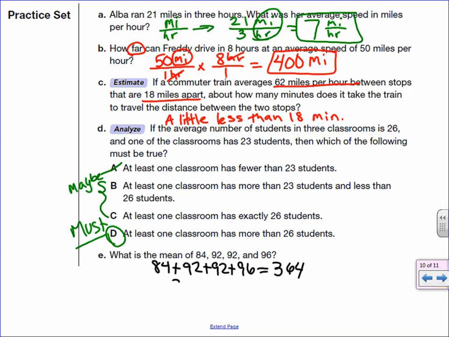And then you take that number and divide by 1, 2, 3, 4 numbers, which is 91. Now, I want to check, does this make sense? 84, 92, 92, and 96, is that in the middle of all 4 of those numbers? Yeah, it is. You might be surprised that it's less than 3 of them, and the reason for that is that 84 is so low, it's pulling that average down lower.